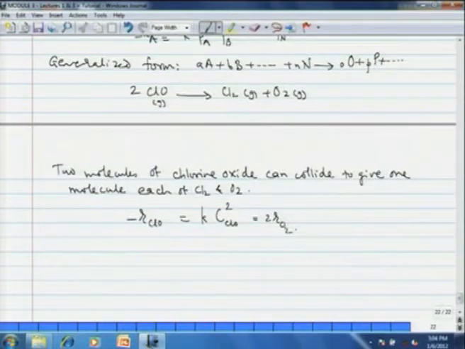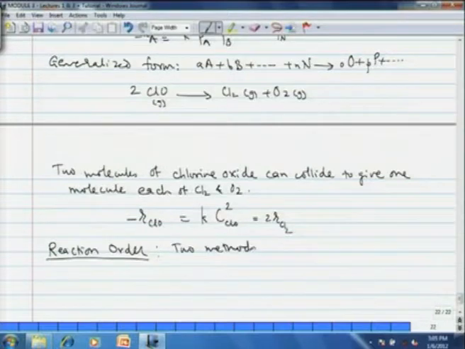Now, a major quantity here is the reaction order. There are 2 methods for estimating the reaction order, or let us say quantification of reaction order.